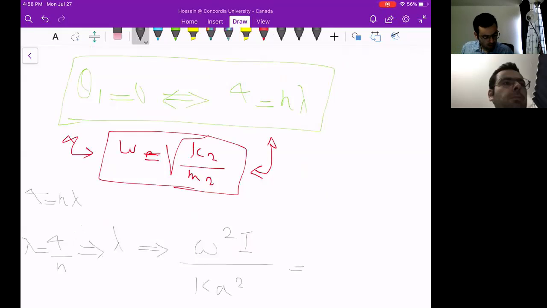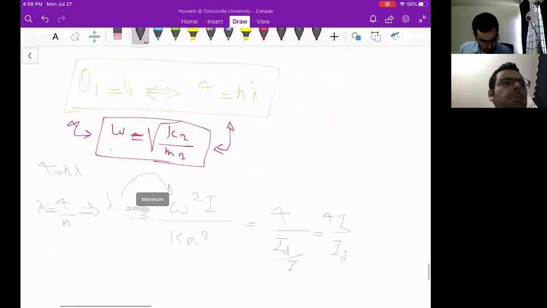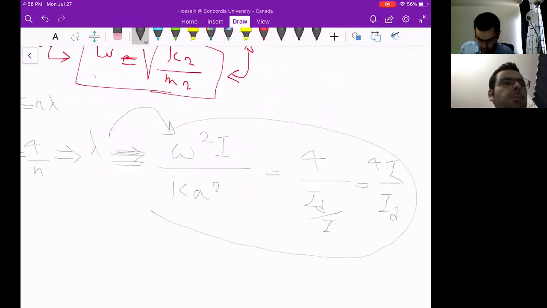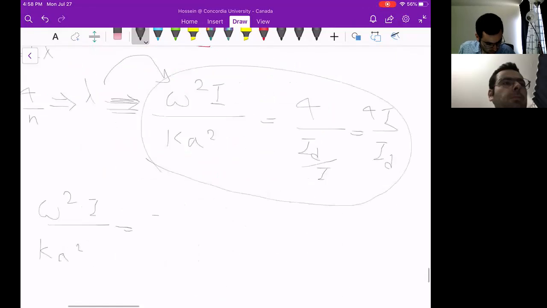Therefore lambda is omega squared I over k squared, 4 divided by n, id over I, which is going to be 4 i d.